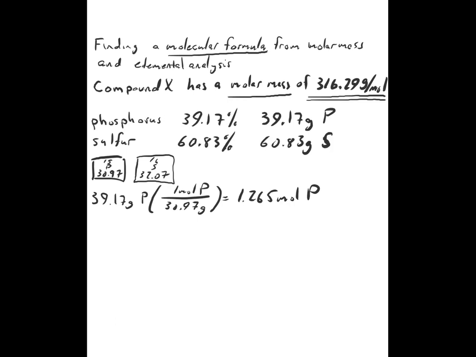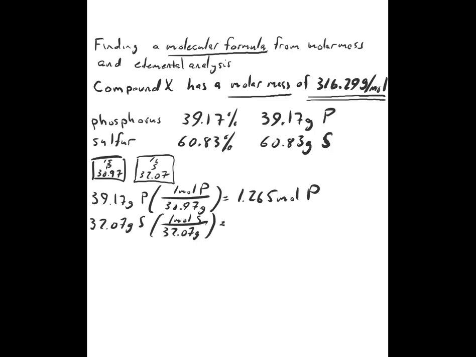Do the same thing for sulfur. We got 60.83 grams of sulfur. 1 mole of sulfur is 32.07 grams.